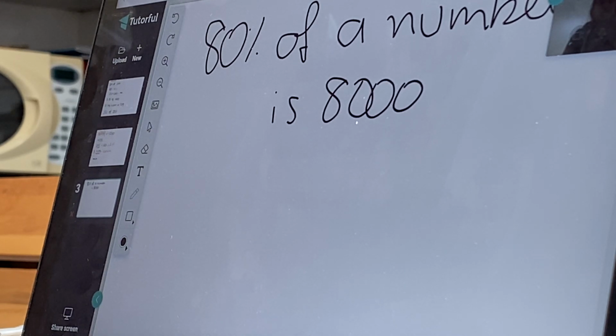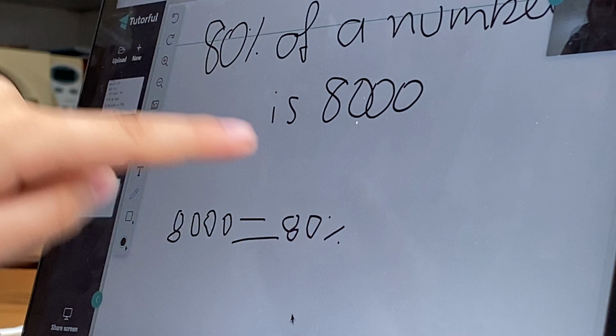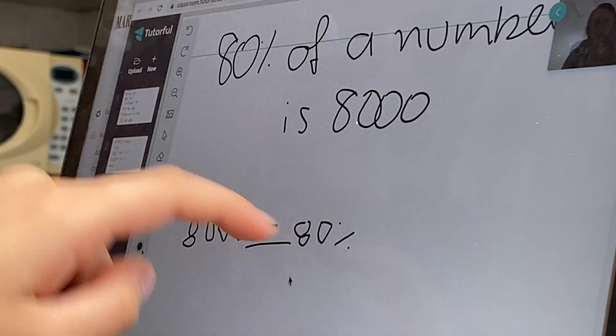Now we're going to try and find what 100% of this number is. Perfect. So first we're going to find out what we're going to need. So we need to find 20%.